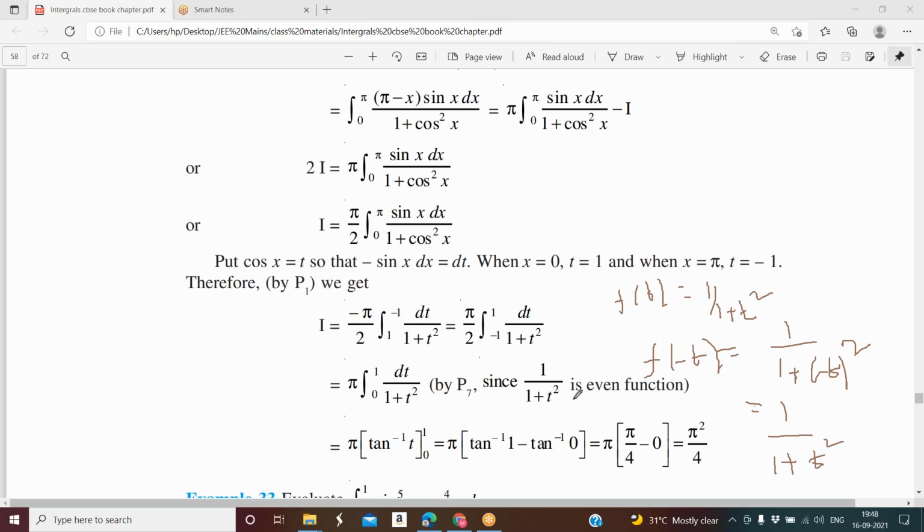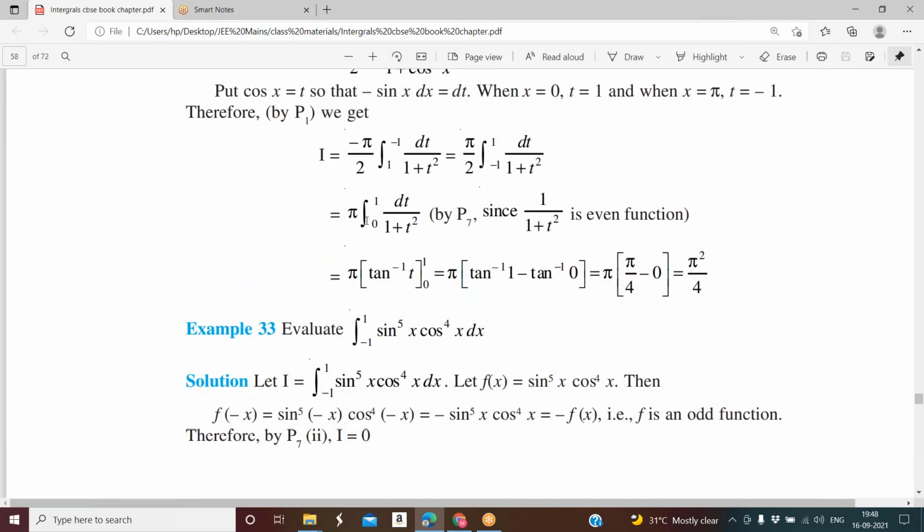Therefore, it is an even function of t. Even function means you write 2 times the integral from 0 to 1 of 1 over 1 plus t square dt.